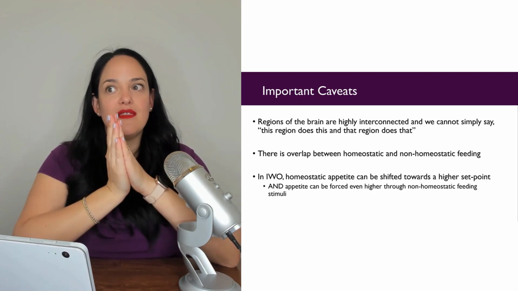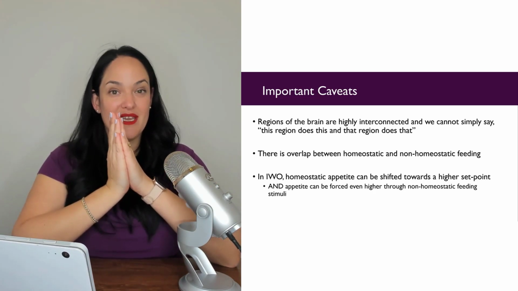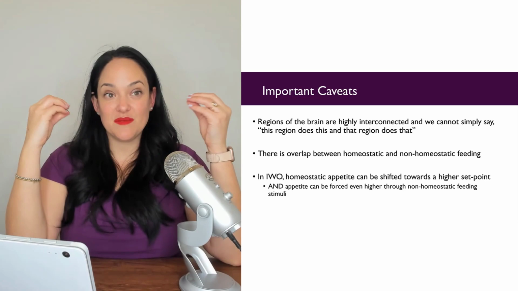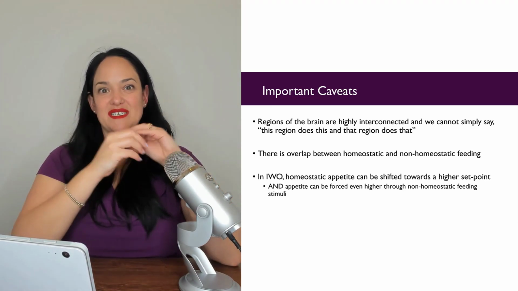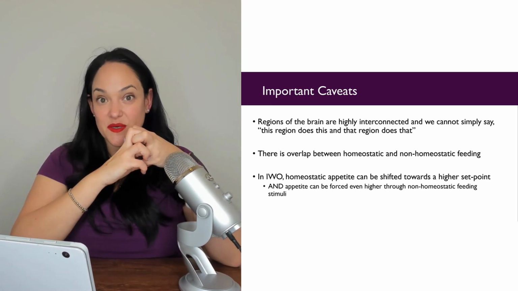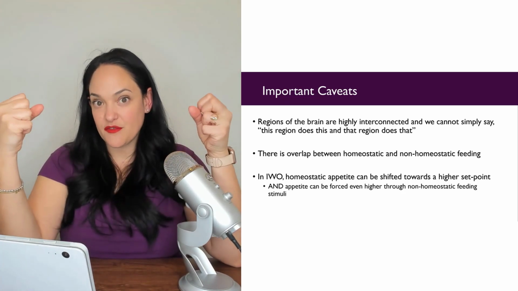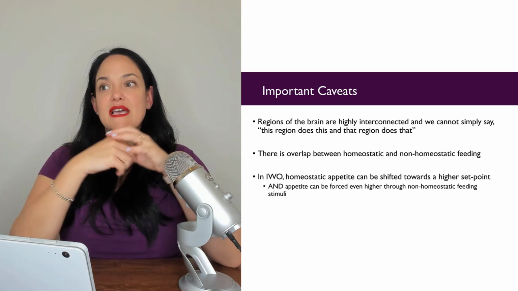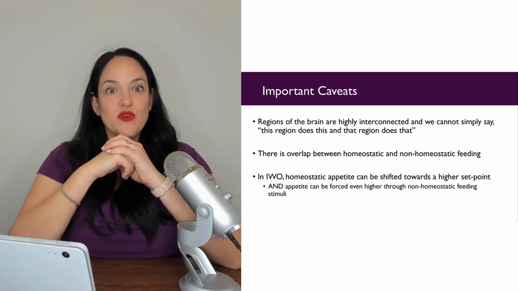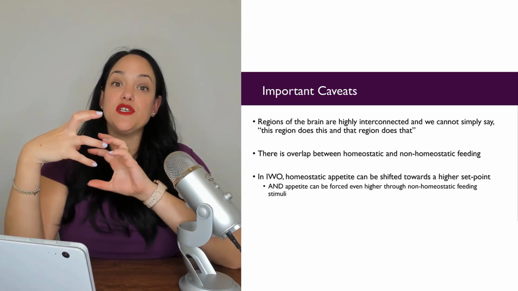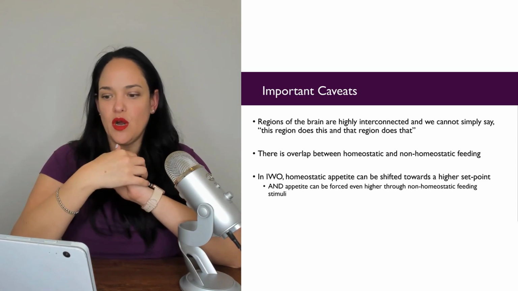Please remember that, like all systems in the body, the nervous system, especially the central nervous system, is very highly integrated. There is a lot of connections, a lot of projections between different areas, and it's really hard to fully unpack this material because the brain is so complex.